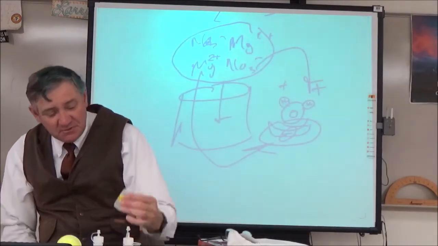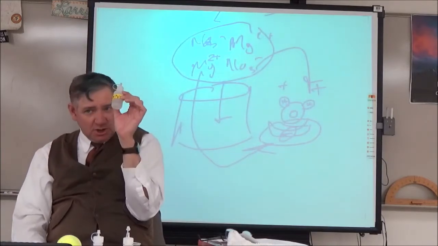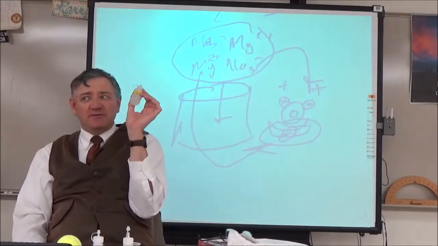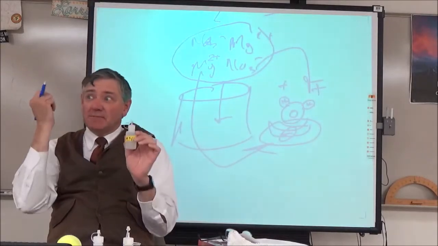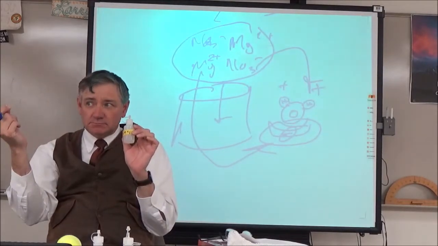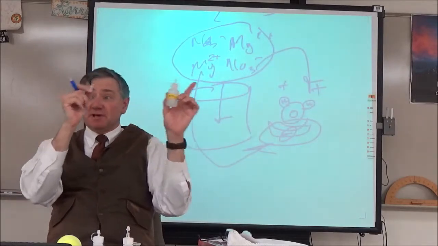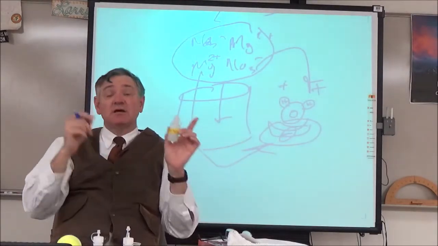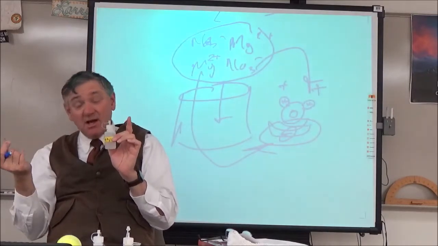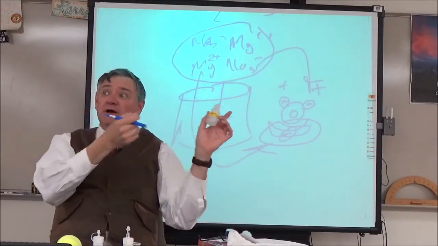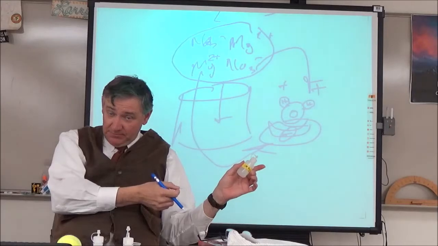So by virtue of the fact that I don't see silver chunks in here, I have to figure that these are magnesium ions. If they were elemental magnesium, I'd see chunks of silver. And that's going to be important later on when we get into redox reactions. If you have the elemental form of a metal, it's going to be chunky. If you have the ionic form, it's going to be a solution, okay?